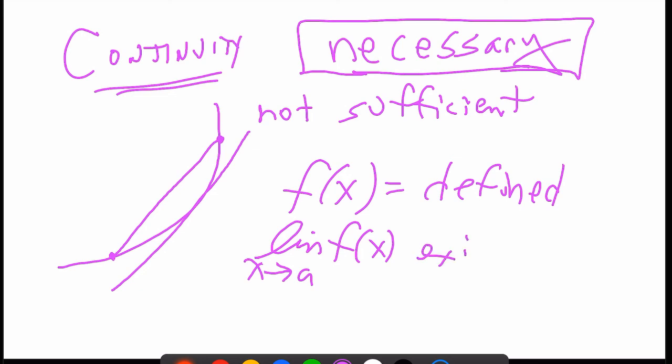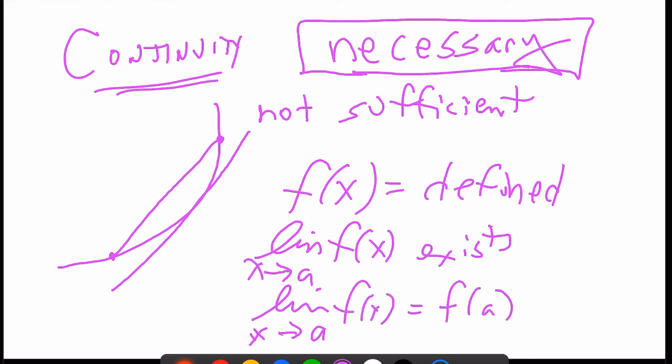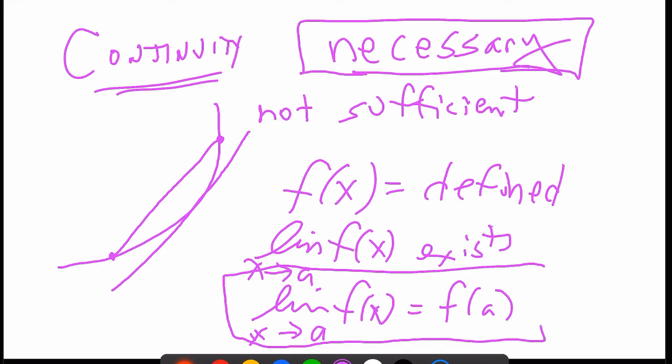Does this limit exist if limit x goes to a, f of x is f of a? Okay, so assuming we're continuous, if that equation works, then there's a limit.